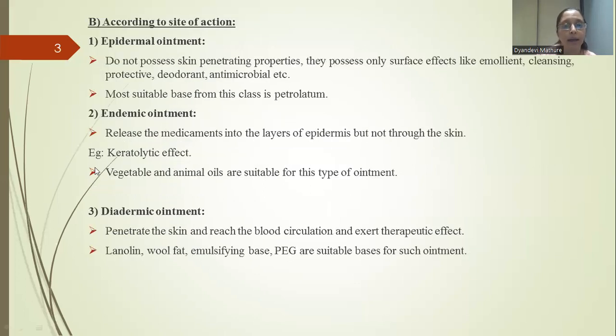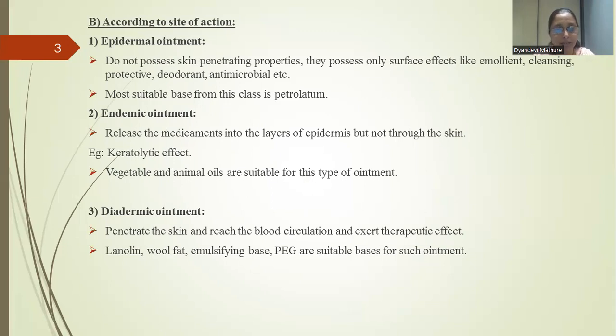Now second, according to site of action. We have just said that ointments are basically preparations which are to be applied onto the skin. So what is your site of action? According to site of action, the ointments are classified as epidermic ointment, endodermic ointment, and diadermic ointment.